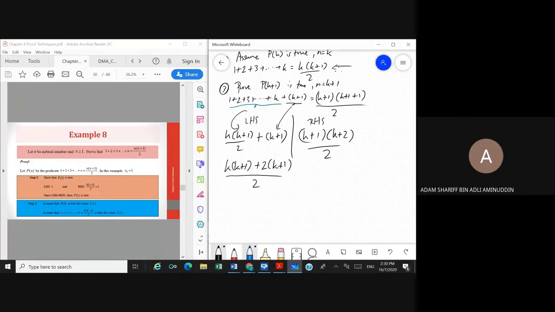And based on algebra, this one is k plus 1, k plus 2 over 2. Is it equal? As left hand side equals right hand side for P(k plus 1), I conclude that P(k plus 1) is true.